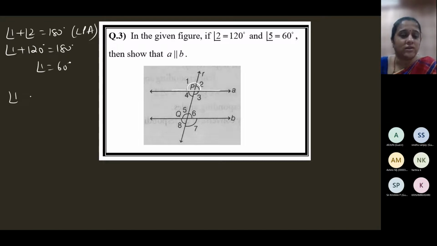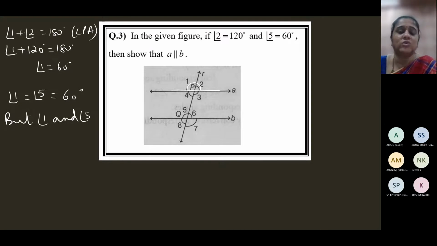Now angle 1 and angle 5 both are equal to 60. See here, angle 1 we found out is 60 degrees and angle 5 is given to be 60 degrees. So that means angle 1 is equal to angle 5 is equal to 60 degrees. But angle 1 and angle 5, who can tell me?